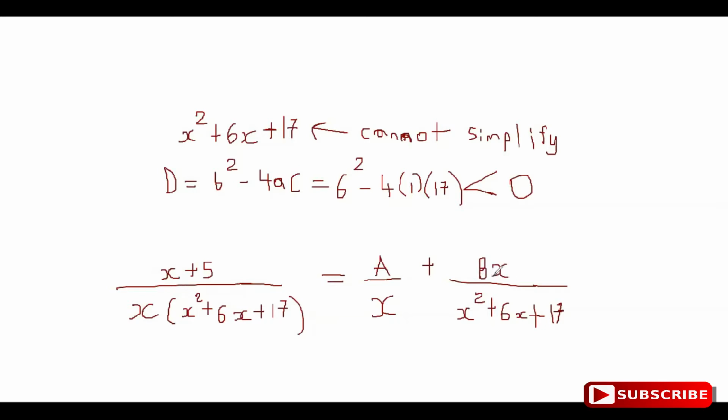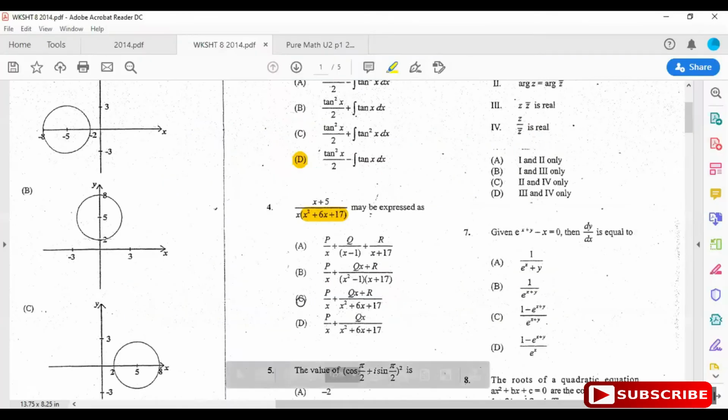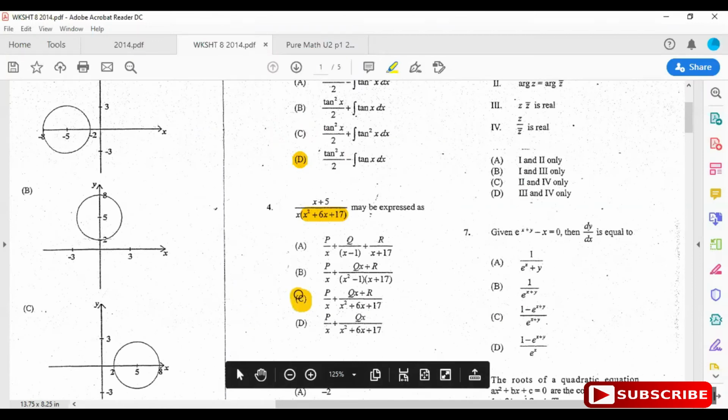I can call it dx, then put a plus c. Notice that this is really ax to the 0 and this is x to the 1, so the power difference is 1. When you're separating partial fractions, the power difference is always going to be 1, and that's for when it is a quadratic that we cannot factorize. So we're looking for something of this form. That's the solution, so the only option there is going to be C.